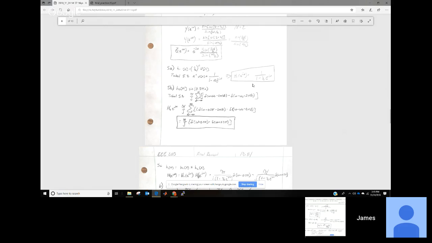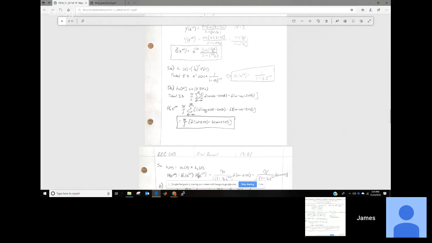for part A, straight table transform. For part B, again, another straight table transform. For this one, we used time shifting, or time sifting, I think it's time sifting, to go from here to there.